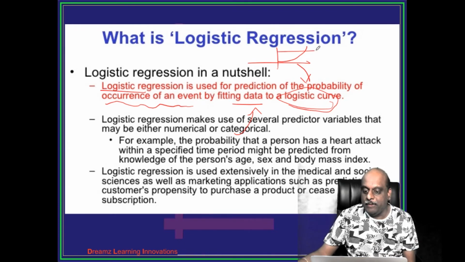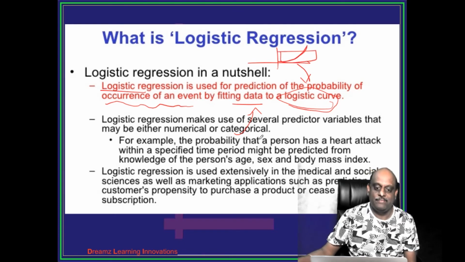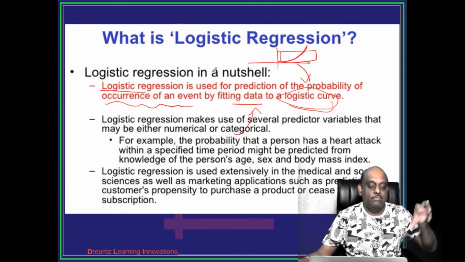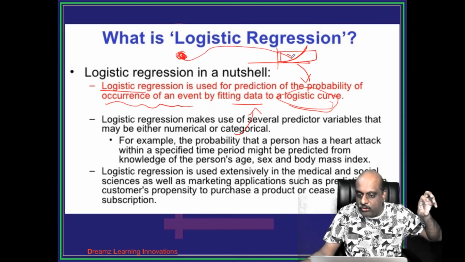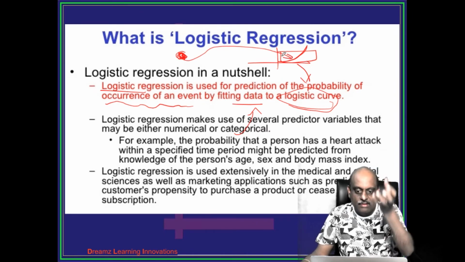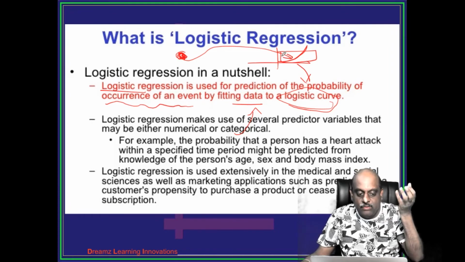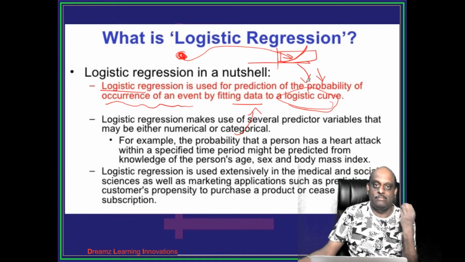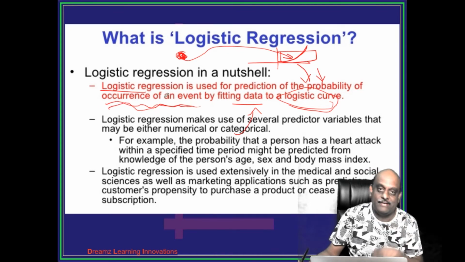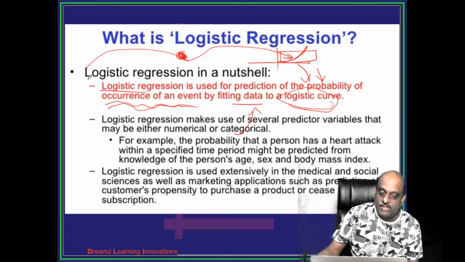In a given population, there is a standard curve created. Then you got some data. You bring that data and try to fit it into that standard curve, and you will be calculating the probability of the occurrence of an event. That is called logistic regression.